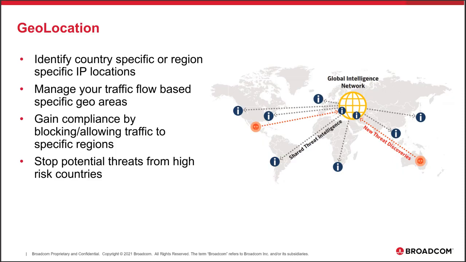Basically, wherever the IP eventually resolves to, we can return the country or specific region to your SWG, and then you can manage your traffic flow, compliance, or potential threats based on the regions that you deem appropriate, which can be used to great effect. And you can always use all of these features independently or in combination with each other to have an even more sophisticated policy.